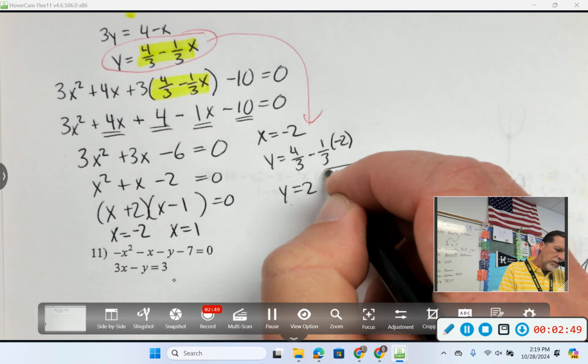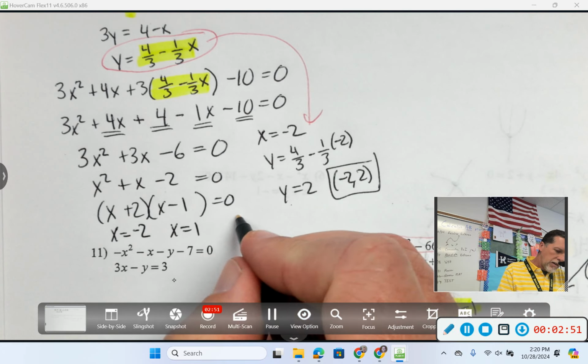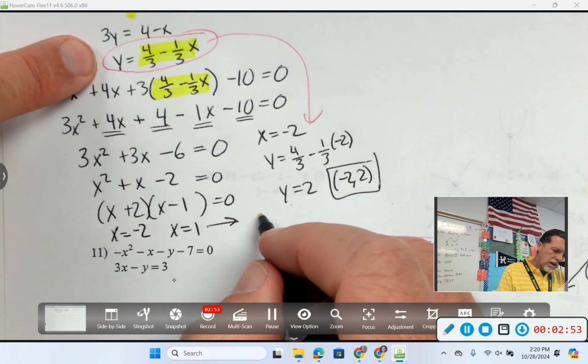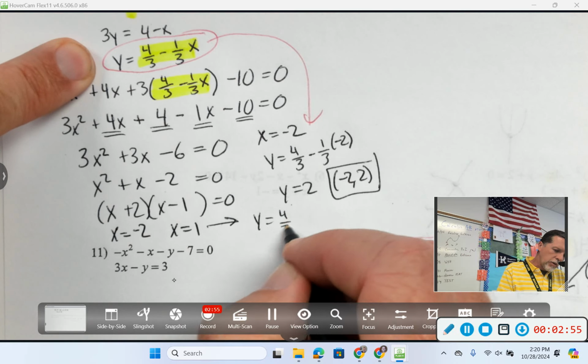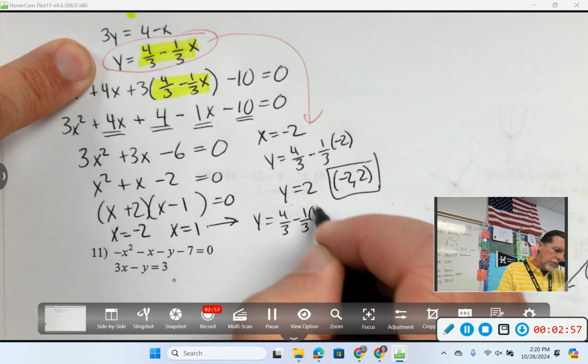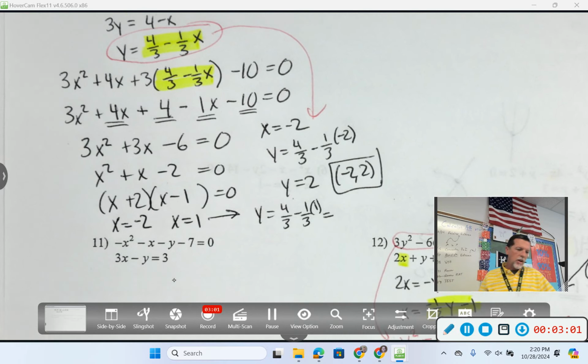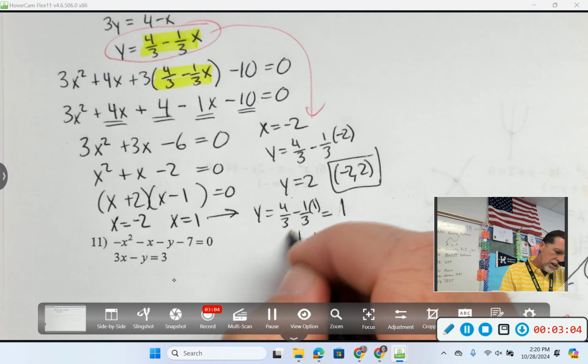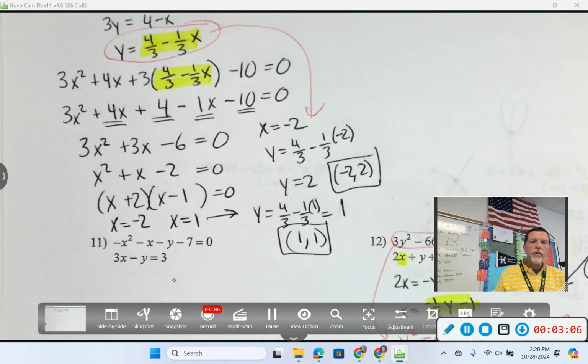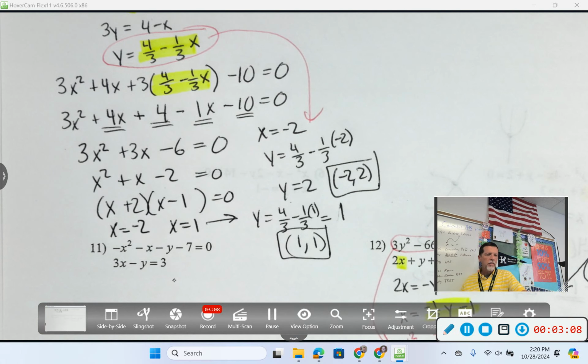So negative 2, 2. For x equals 1, y equals 4/3 minus 1/3 times 1. 4/3 minus 1/3 is 3/3, also known as 1. So 1, 1. So there's my 2 answers for number 9.